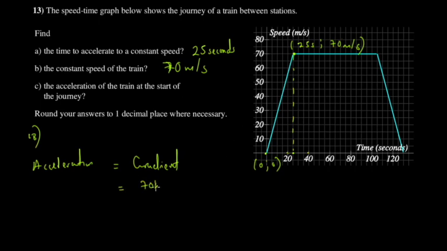So you have 70 meters per second minus 0 over 25 seconds minus 0. Okay, so here you'd get 70 minus 25 here. Write your seconds legibly. So this one should be a bit smaller so that we know that it's seconds. Okay, so this one would be 45 meters per second squared like this.